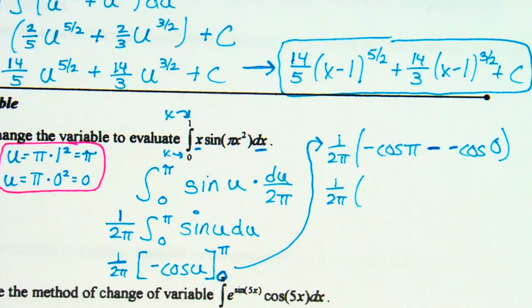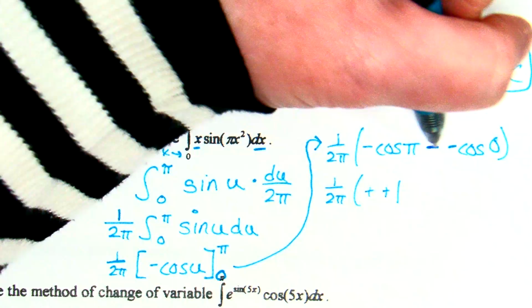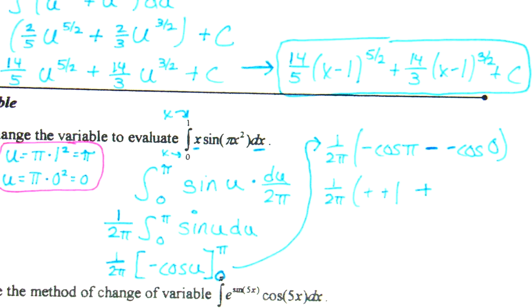Negative cosine of pi. What is cosine of pi? Negative 1. Negative 1? That's positive 1. So the negative of negative 1, if you would, right, makes it positive 1. Minus negative cosine 0. Or I'm already going to say plus. What's the cosine of 0?